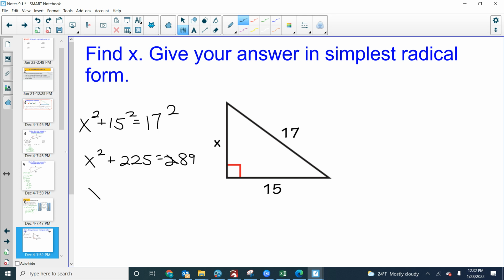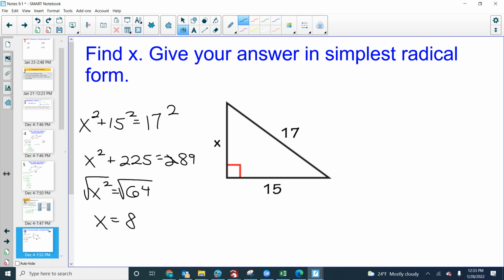Subtract 225 from both sides. What's 289 minus 225? And when you square root both sides, you get x equals 8. Option 2, in the calculator, you type in 17 squared minus 15 squared, and then square root that answer, right? Do you agree?